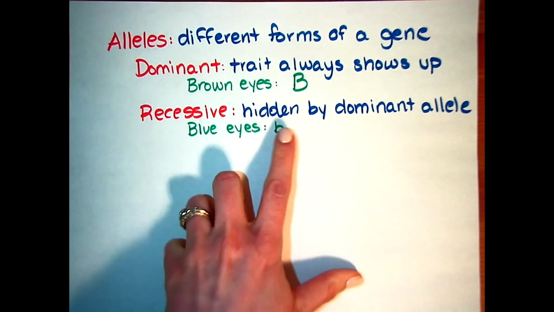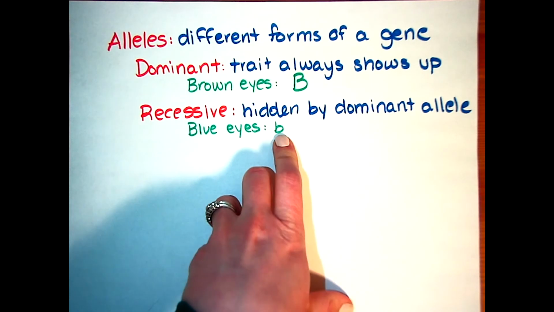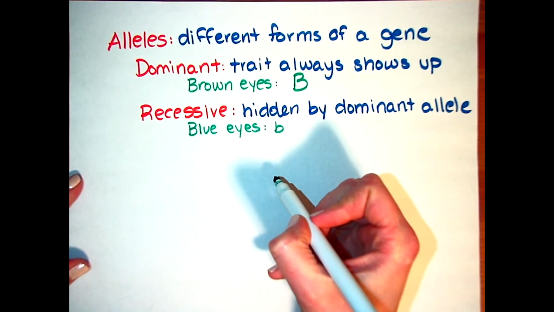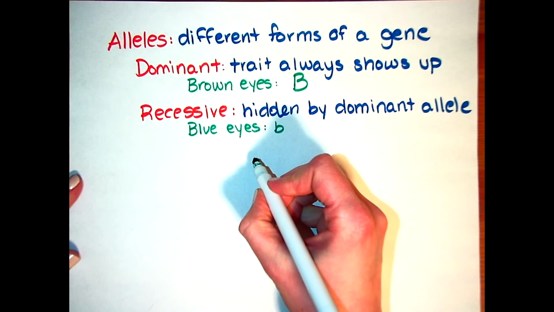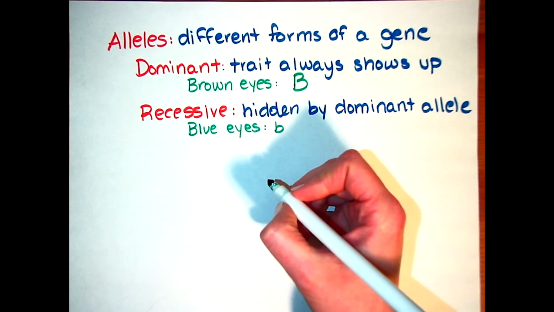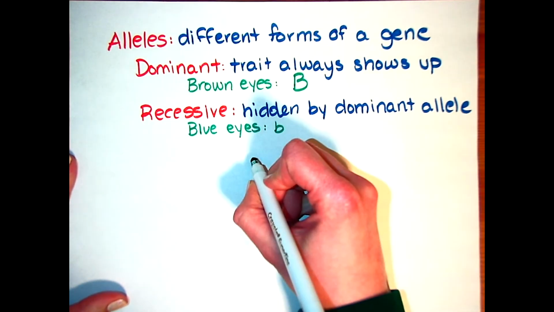Now, we can note what kind of DNA you have by putting the letters together. So let's say you're somebody who has brown eyes, and your mom had brown eyes, and your dad had brown eyes, and they both contributed a brown-eyed gene, a brown-eyed allele.